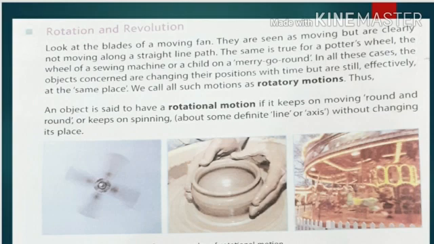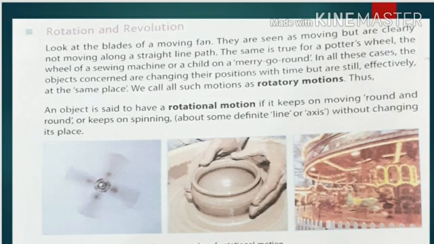The wheel of a sewing machine or a child on a merry-go-round, your favorite swing. In all these cases, the objects are changing their position with time but are still effectively at the same place. Though they are changing their position, they are at the same place, we call such type of motion rotatory motion.